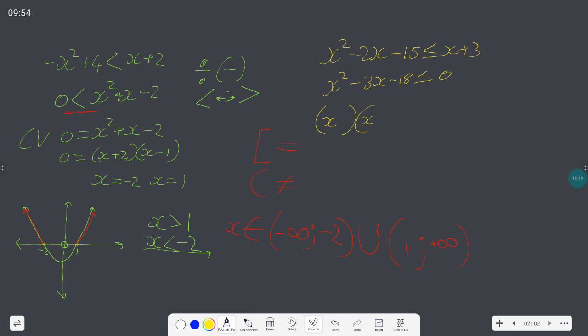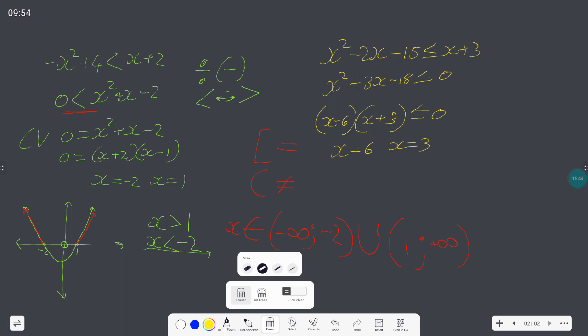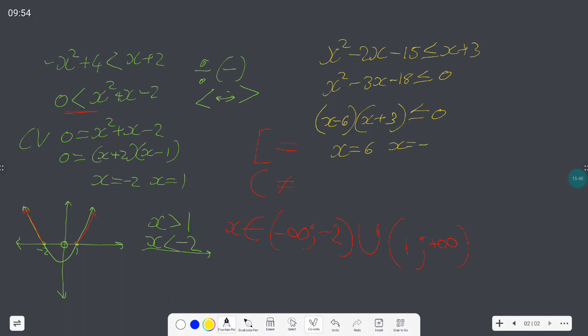So keep in mind, what are we doing here? We are just getting our critical values. What will be my two brackets? Will be negative 6 plus 3. Okay, so therefore this all lies between where x is 6 and x is 3. What 3 specifically? Negative.